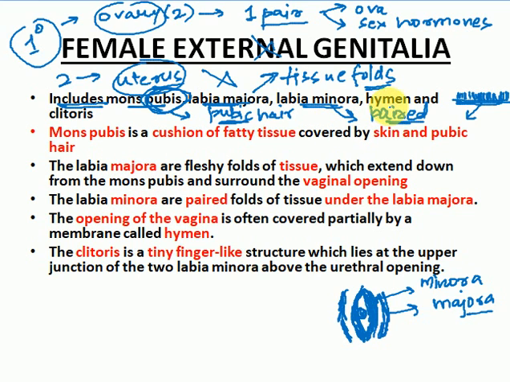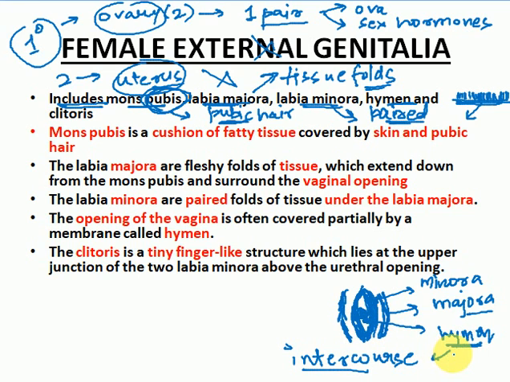After that, there is the hymen. So the hymen is also a very important part that covers the vagina. If this is the vaginal orifice as we have talked about, there is a small region called the hymen. Since it is present just near the vagina and it covers it up to a particular extent, during intercourse it used to break.